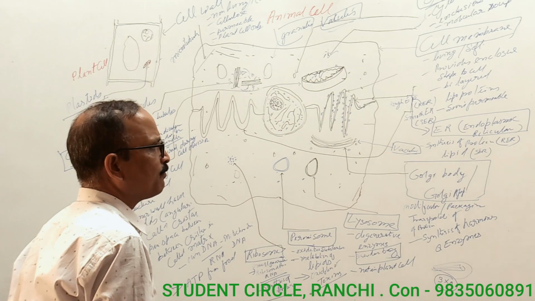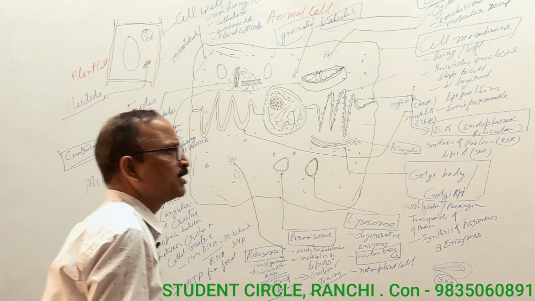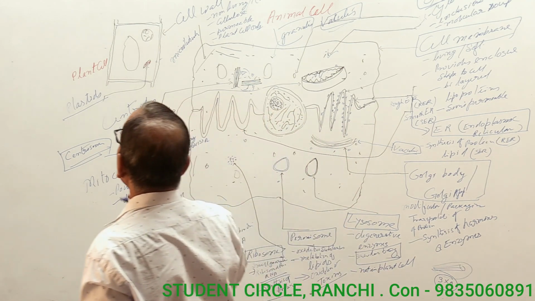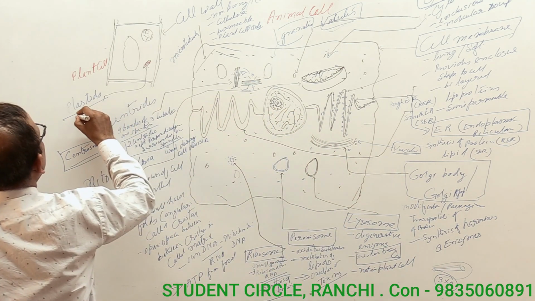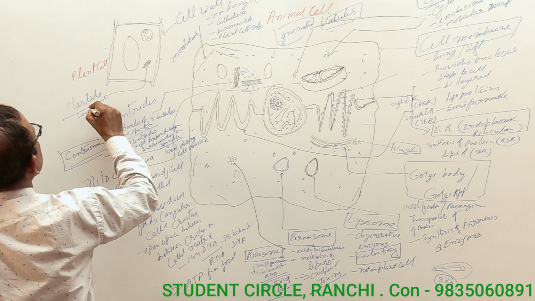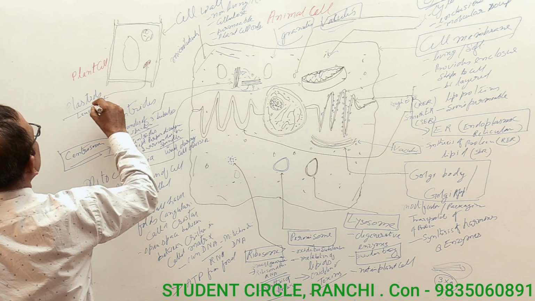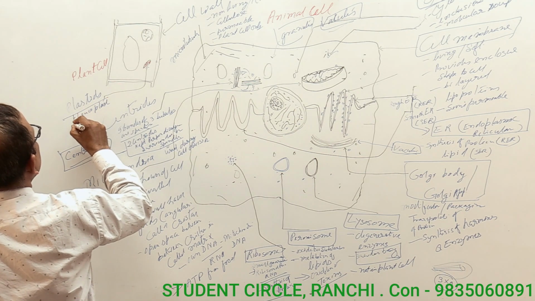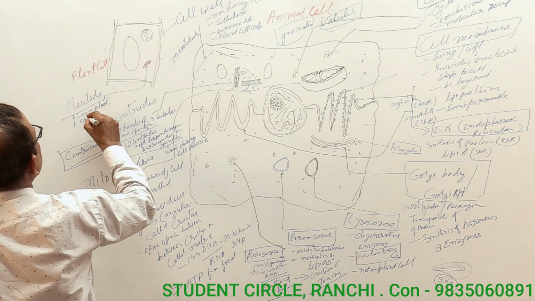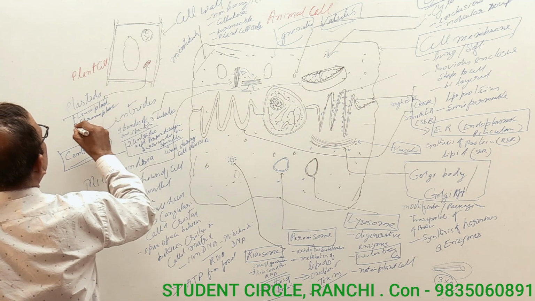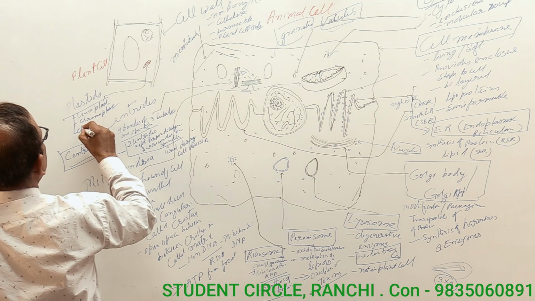These are present in plant cells only. Plastids are generally of 3 types. Leucoplast is one. Second one is chromoplast, and third one is chloroplast.